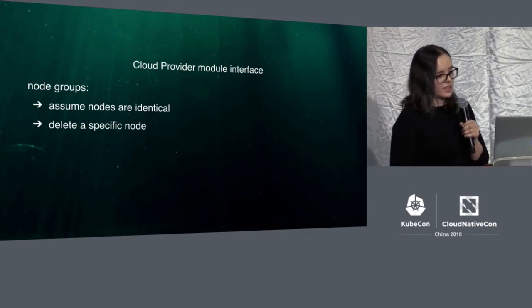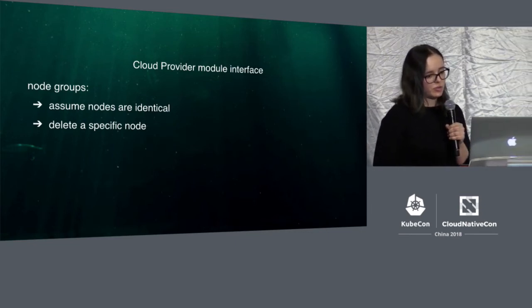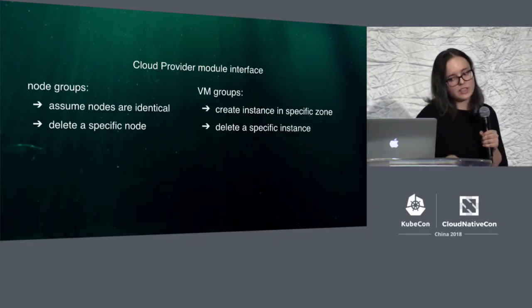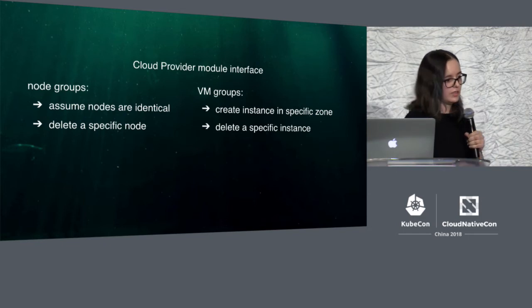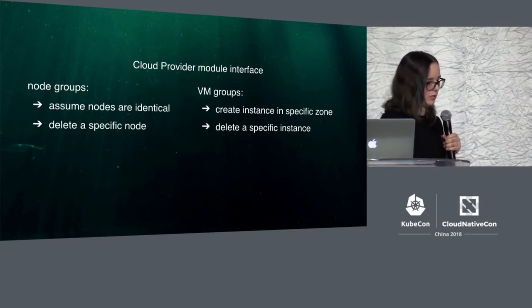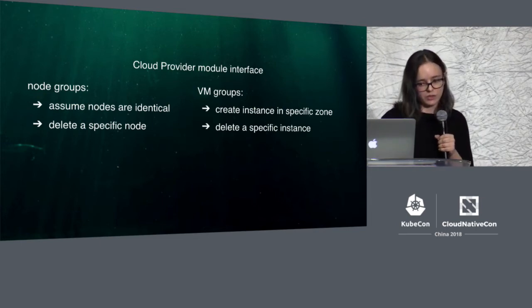So these requirements translate into some requirements for VM groups that must be fulfilled in order to make them work as node groups. And I put something slightly different here than in node groups, because I believe that it is possible to use regional VM groups, for example, that have nodes in different zones, and artificially split them in the cloud provider module into several node groups, one per zone.